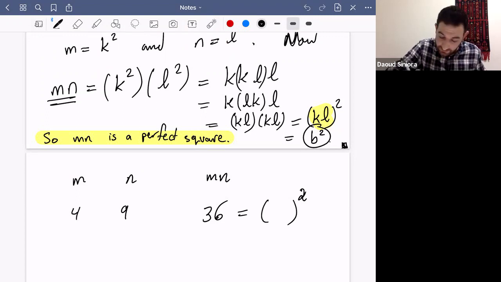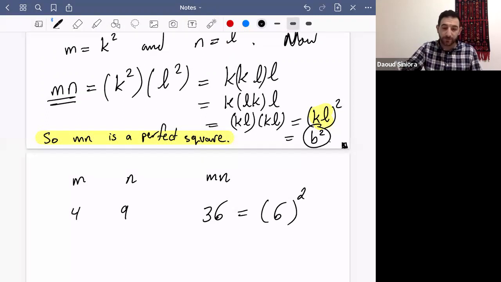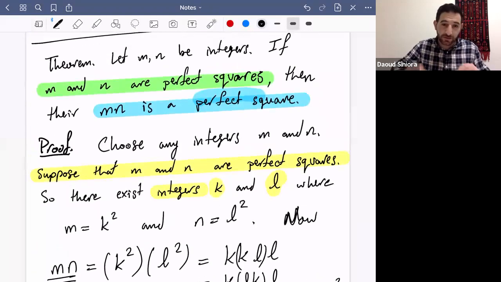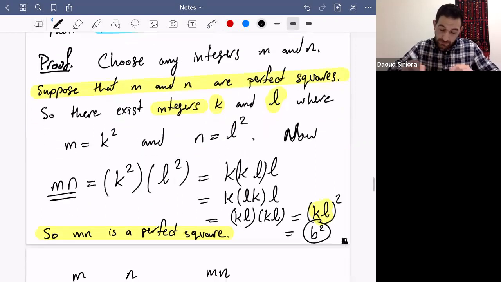And what is this k? It is 6. So 6 squared is 36. So we proved another statement for today, which says choose arbitrary integers m and n. If they are perfect squares, then their product is a perfect square.